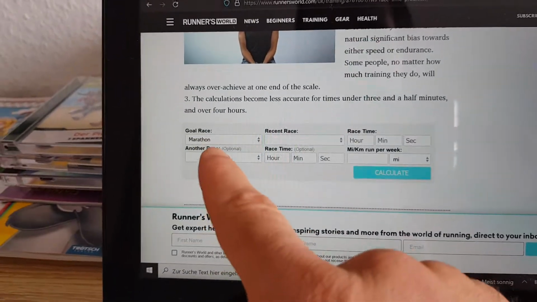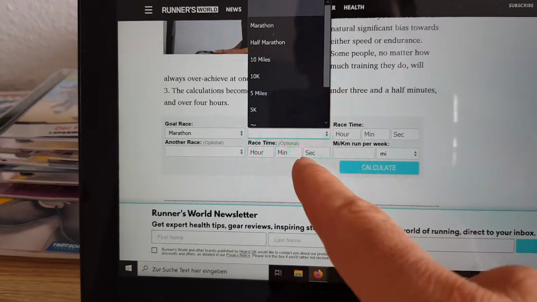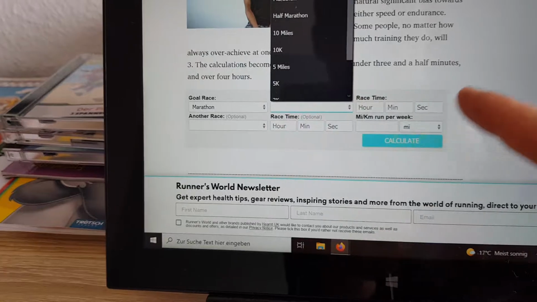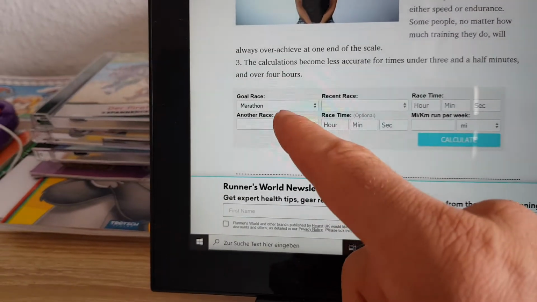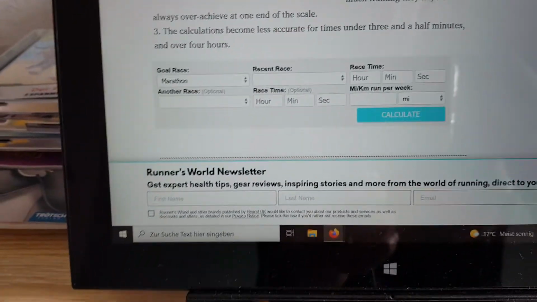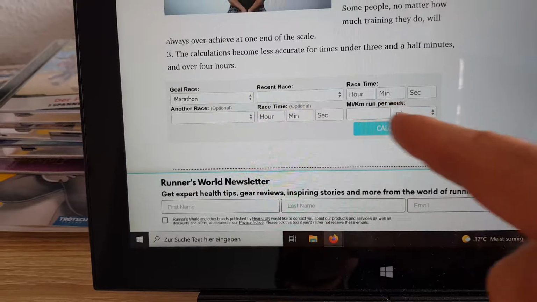Here you can enter a recent race, what distance it was, such as the half marathon distance, and the time for that distance, and then also another race, let's say a 10K, so it can predict more precisely. Here's your time, and here's your mileage per week.